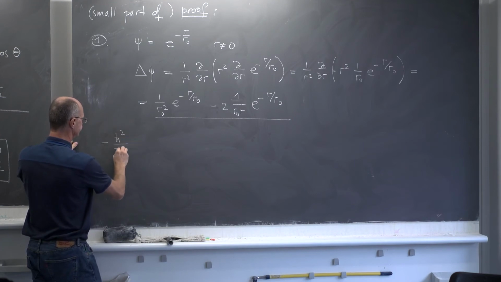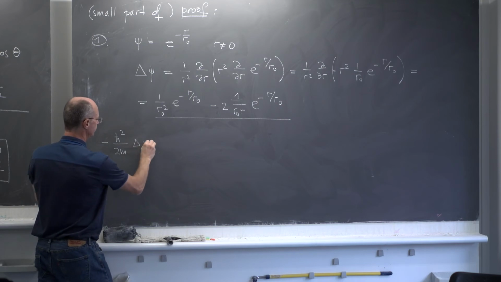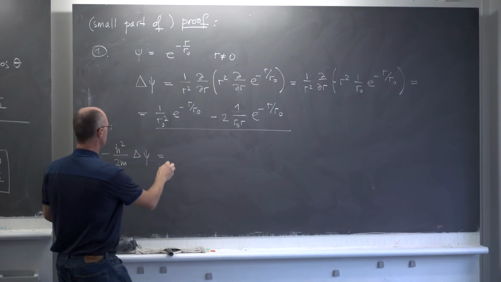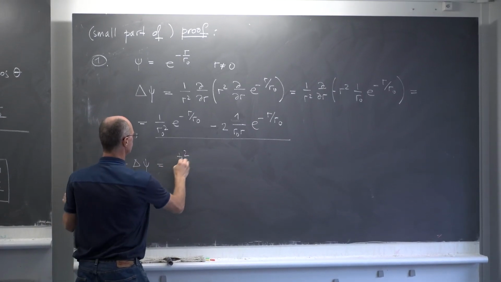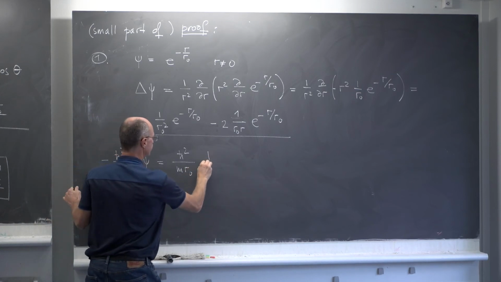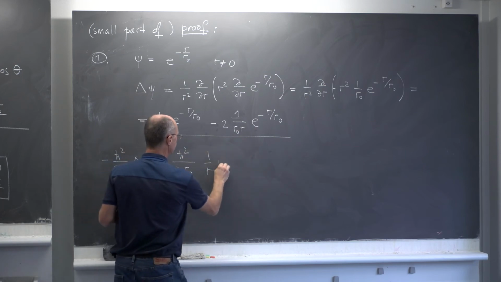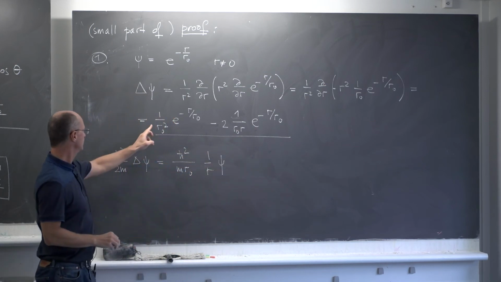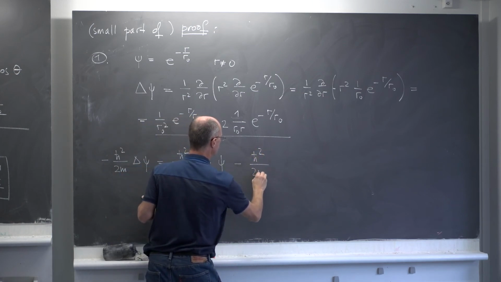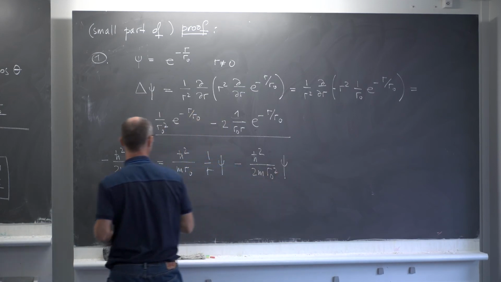So if I multiply by minus h squared over 2m, what I obtain is the following. It will be h squared over m r naught, 1 over r, and this is just the value of psi, right? And then with the minus sign, minus h squared over 2m r naught squared times psi.